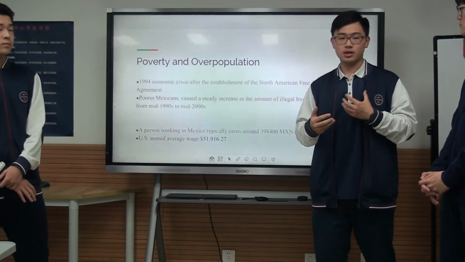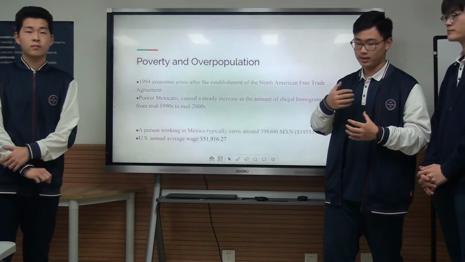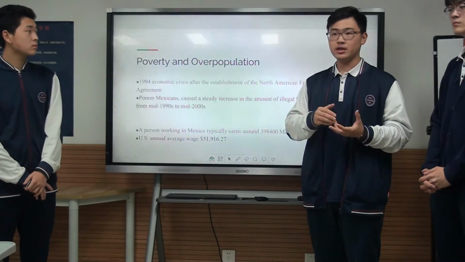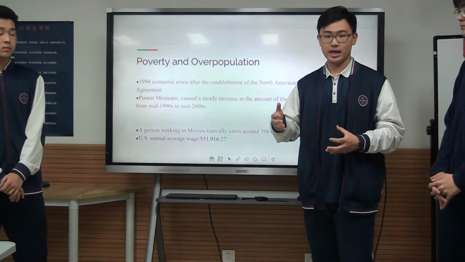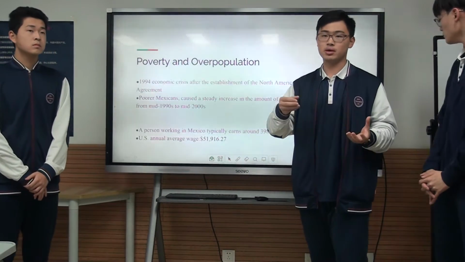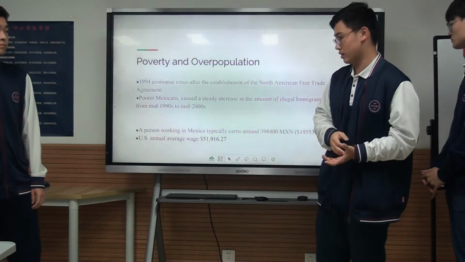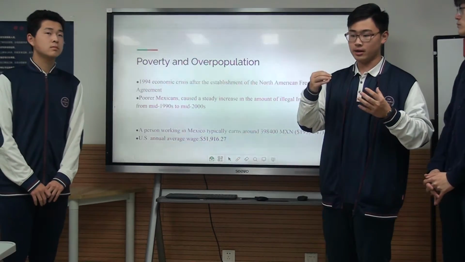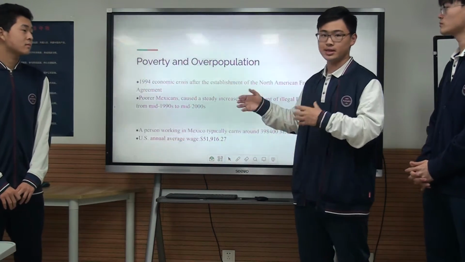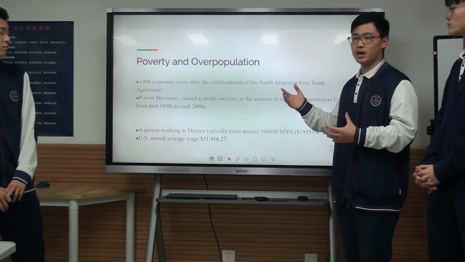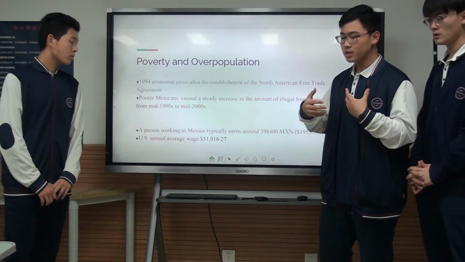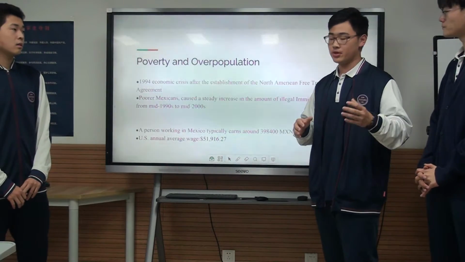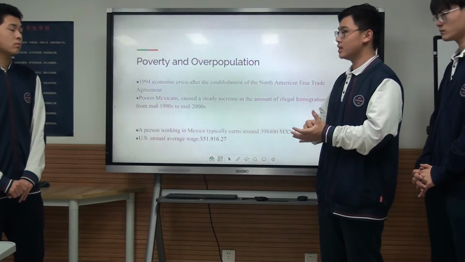So if people aren't making enough money in Mexico and their family are dying because of poverty, and they know that in America they can make more money to raise their family and themselves, then they are willing to risk immigrating illegally to this country, because if they're caught, maybe they're just going to be sent back to their country. But if they just remain in their local country, they may just die because of the poverty.